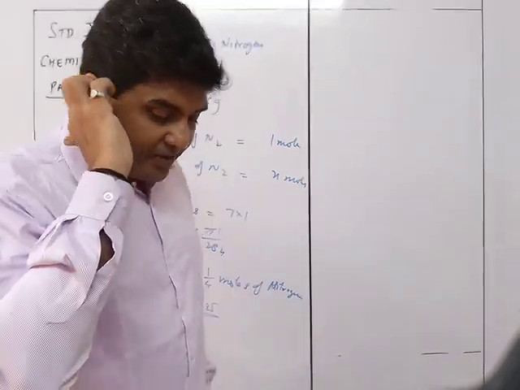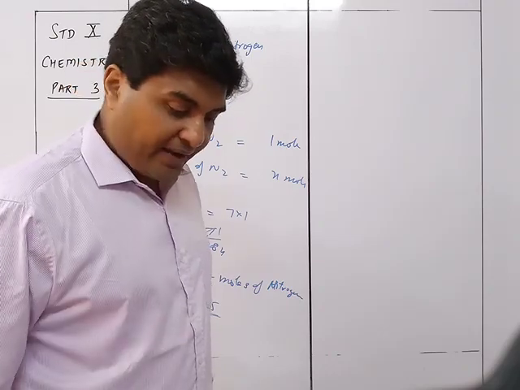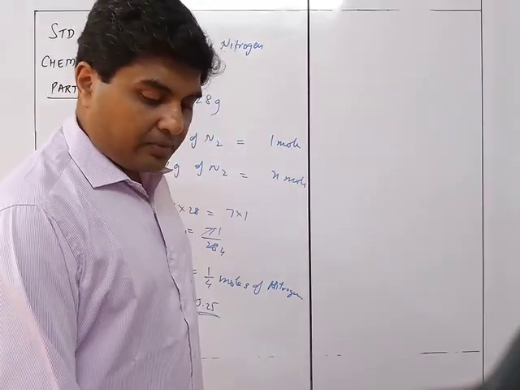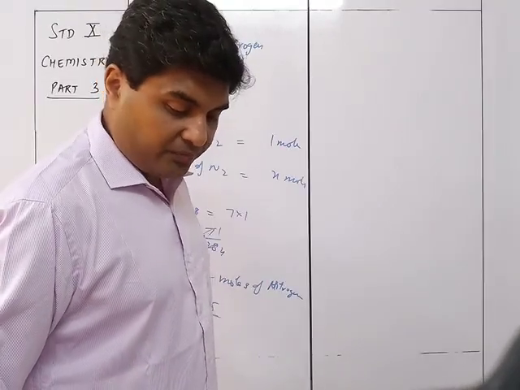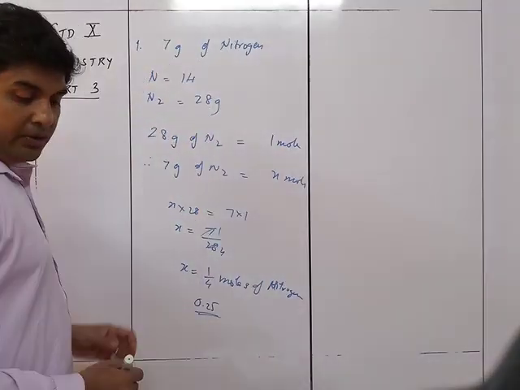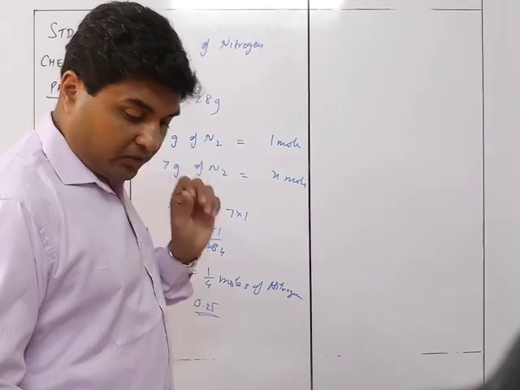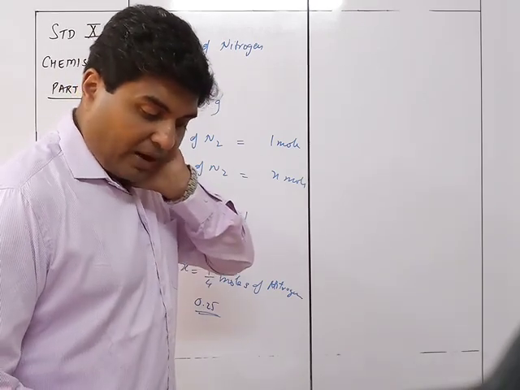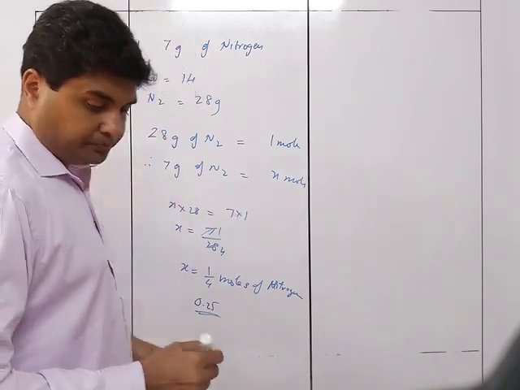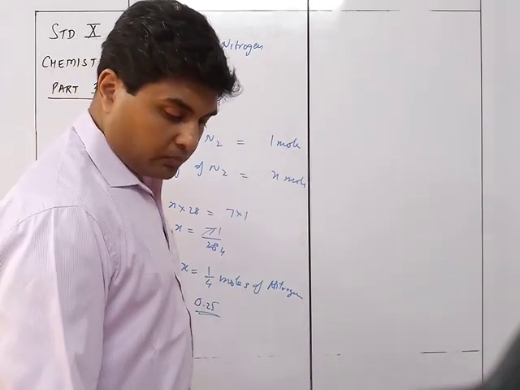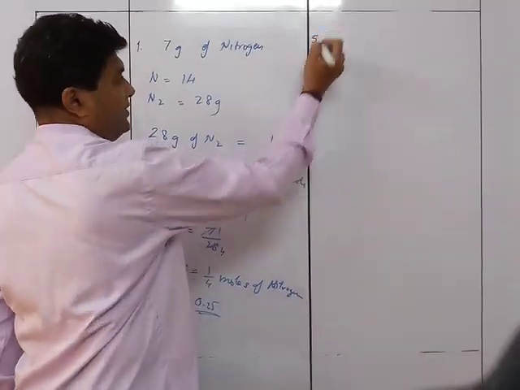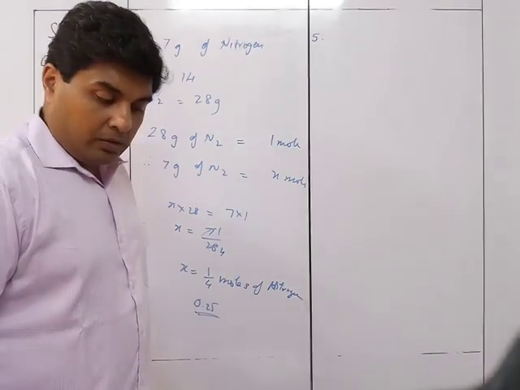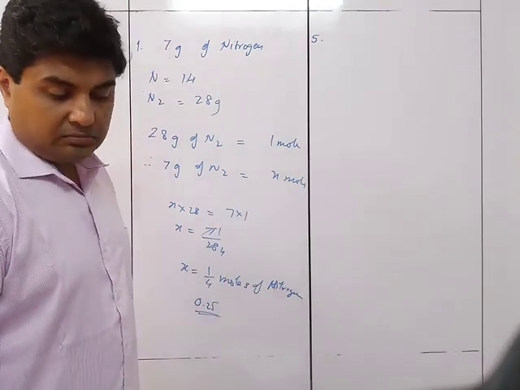Calculate the atomicity of a gas X if 1 gram of X occupies 11,200 cc at STP. So you are given the atomicity, you need to find out X. So, 1 mole weighs the GMM.